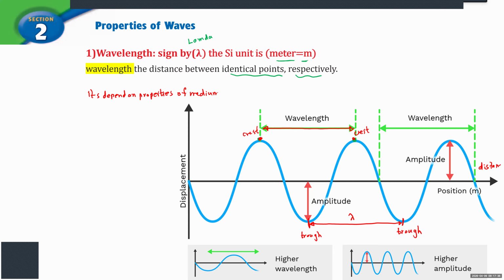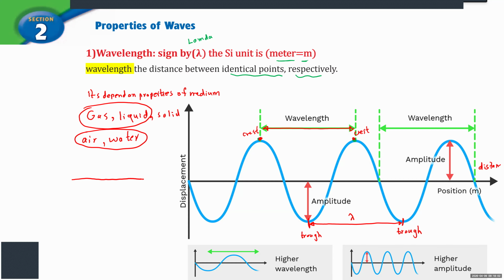For the medium, we have gas, liquid, and solid. For example, if the wave passes from the gas in the air through water, the wavelength changes.